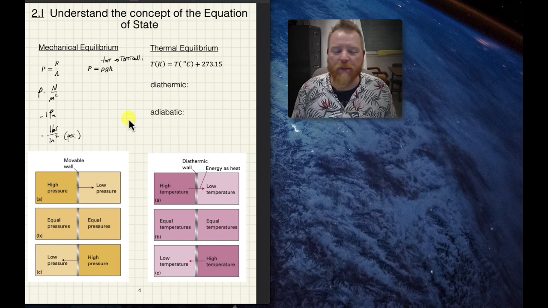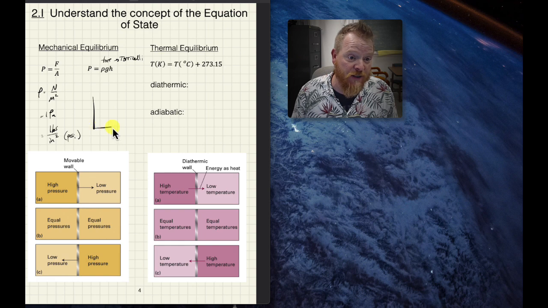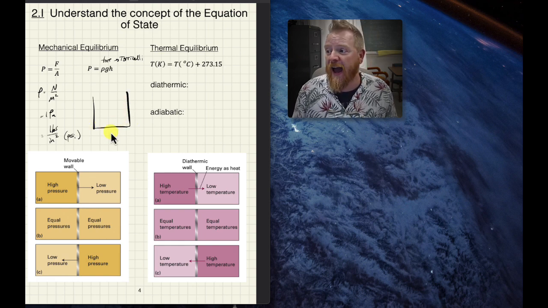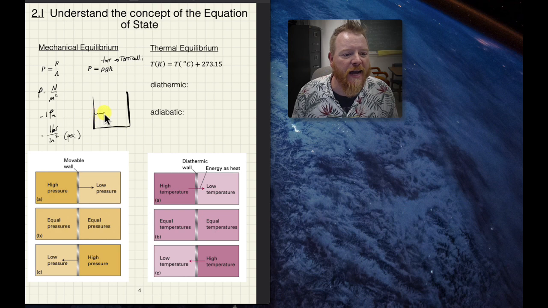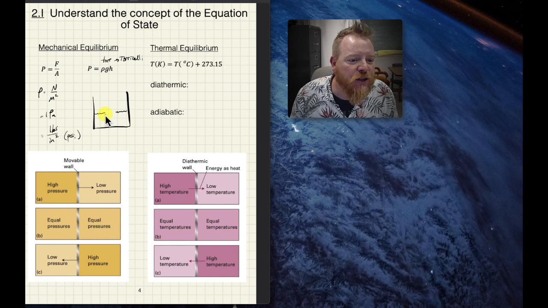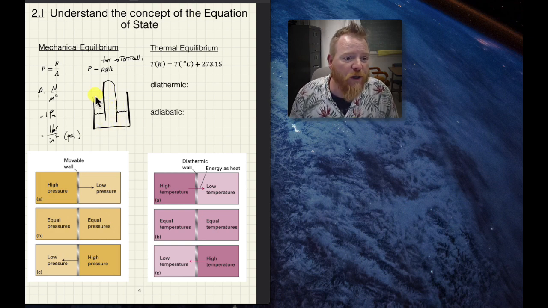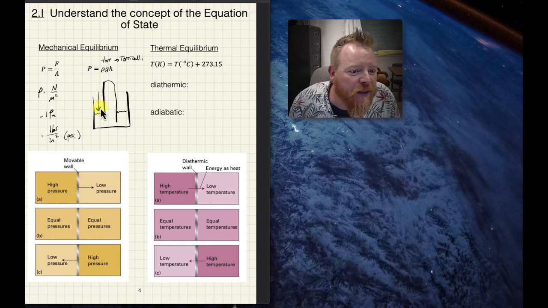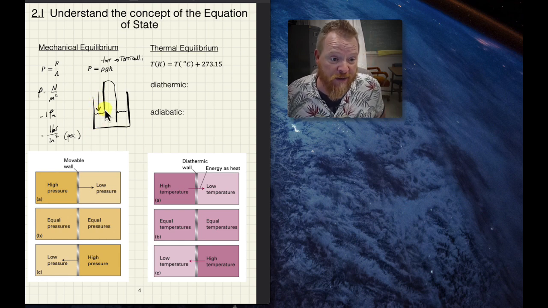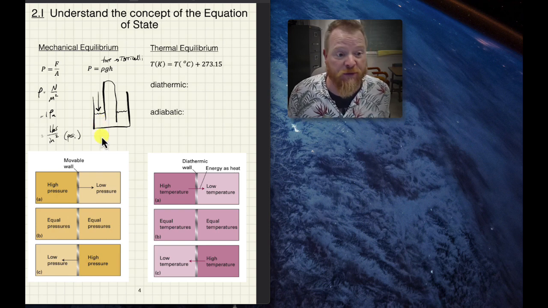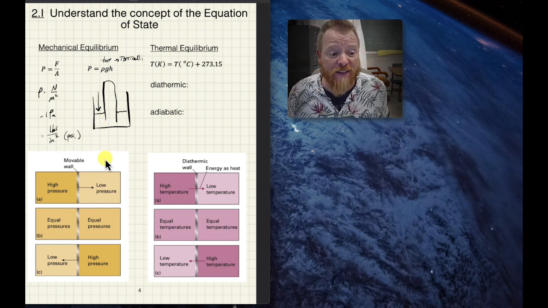So there's a really good example of this, and that is, as I mentioned, the barometer. So if we have this container containing a pool of liquid where we have a tube submerged, and that tube is sealed to contain this liquid, we know that the atmosphere is always pushing on this liquid, right? If we've got this at atmospheric pressure. And this looks exactly like our mechanical equilibrium picture now.